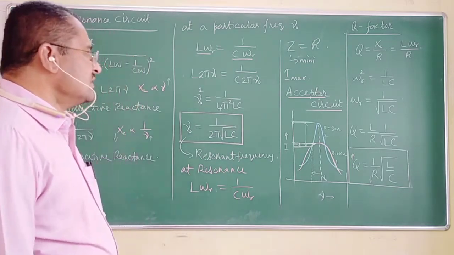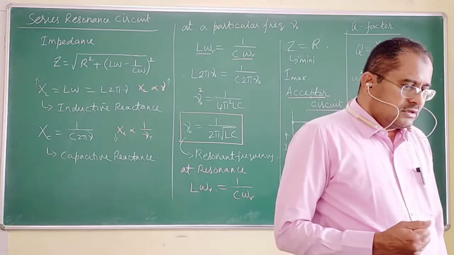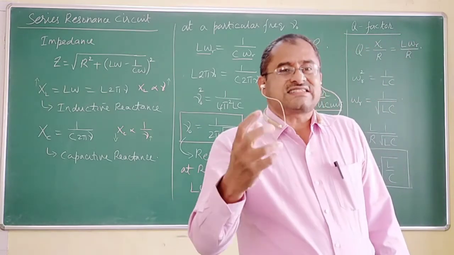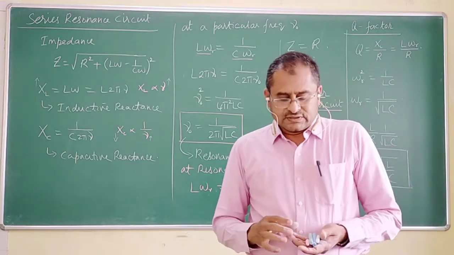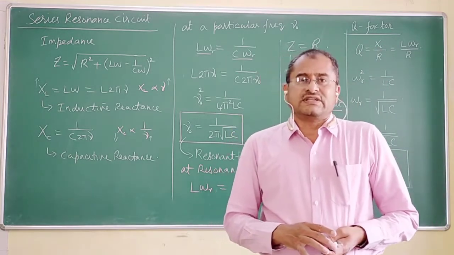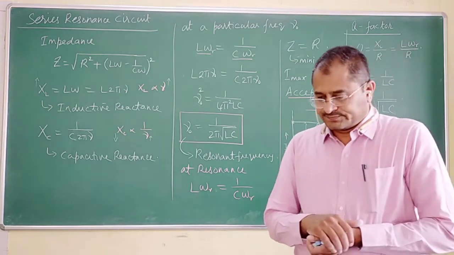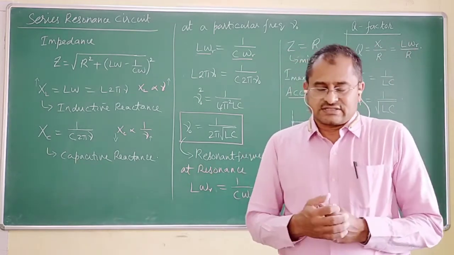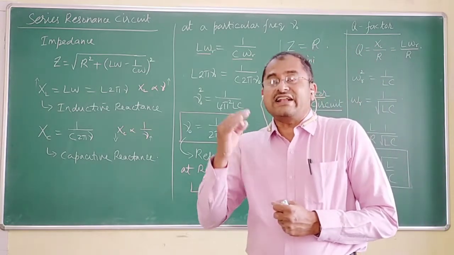The question now is, where is this used? LCR circuits at resonance are used in the tuning of radio circuits. In other words, they are used in the tuning of a radio receiver.